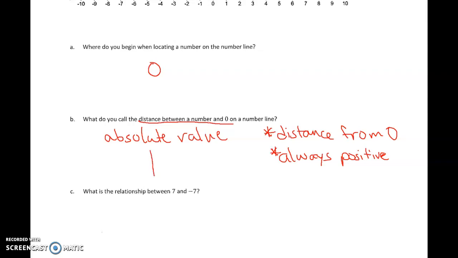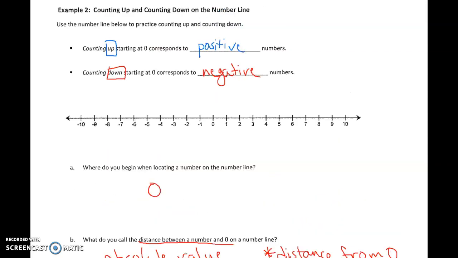Now, the way we can find absolute value is if we put two long lines around a number. That means find the absolute value. All right, so it says, what is the relationship between 7 and negative 7? Well, let's come back up here to the number line.